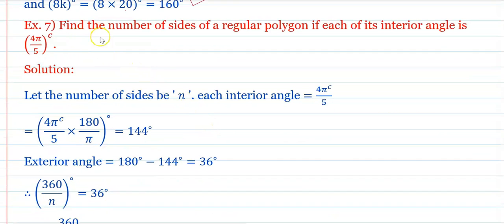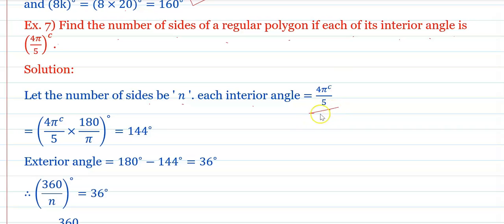Question number 7. Find the number of sides of a regular polygon if each of its interior angles is 4 pi by 5 radian. Let the number of sides be n of that regular polygon. Each interior angle equals 4 pi radian upon 5.